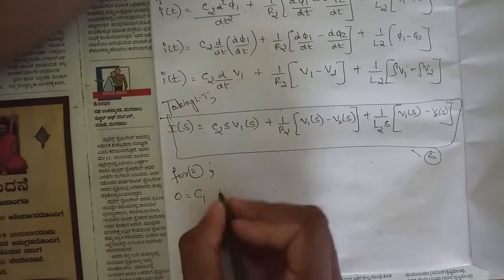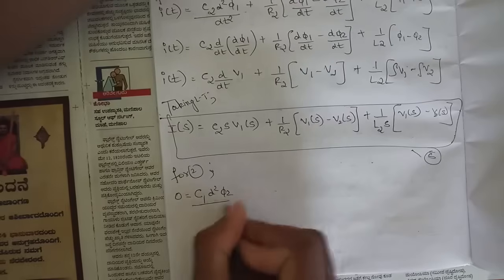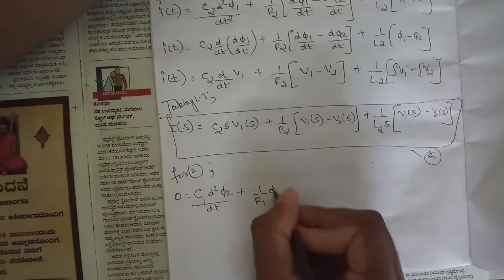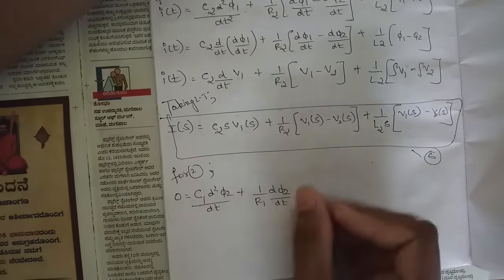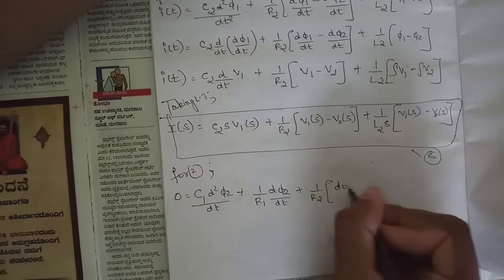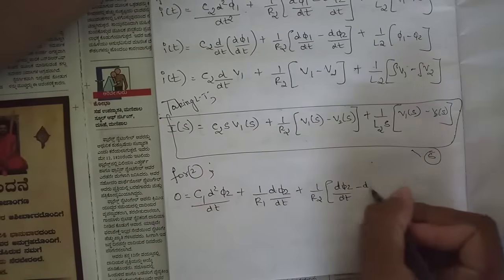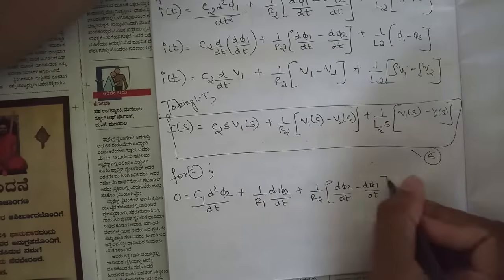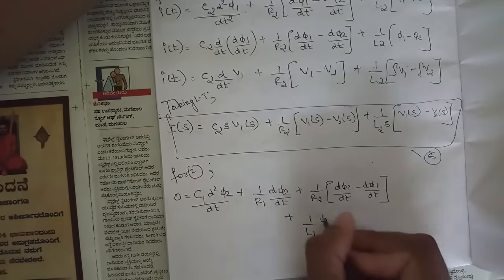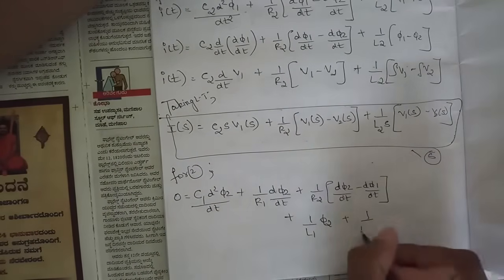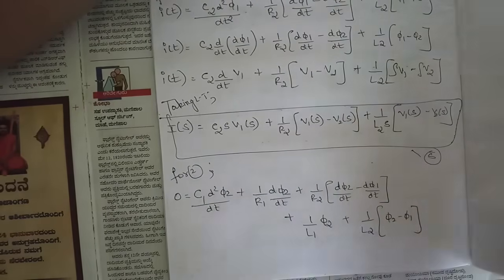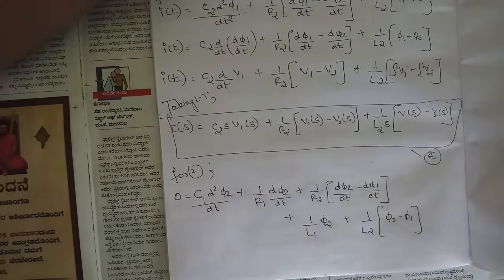M1 is replaced by C1 d square phi 2 by dt plus B1 is replaced by 1 by R1 d phi 2 by dt, plus B2 is replaced by 1 by R2 into d phi 2 by dt minus d phi 1 by dt, plus K1 is replaced by 1 by L1 into phi 2 plus K2 is replaced by 1 by L2 into phi 2 minus phi 1. Okay, so now let's further solve this.